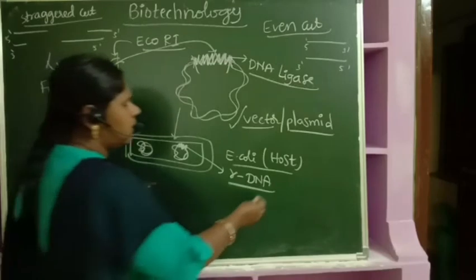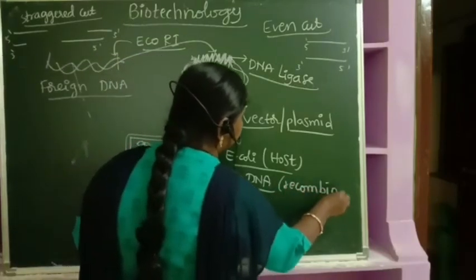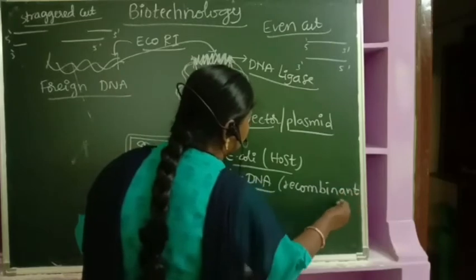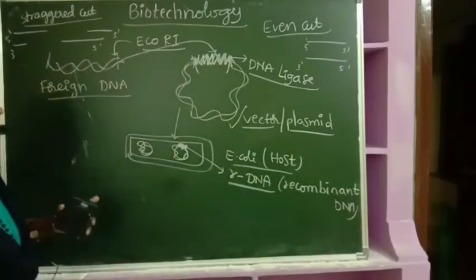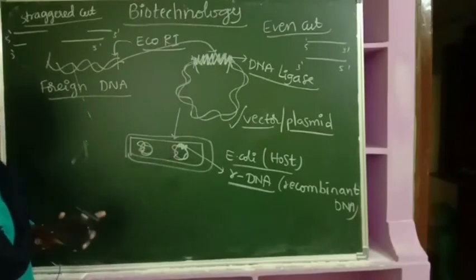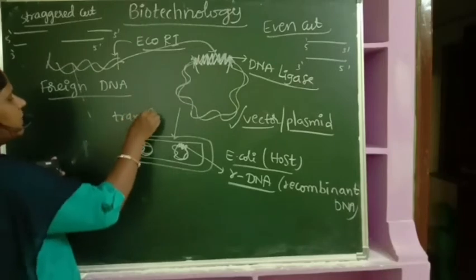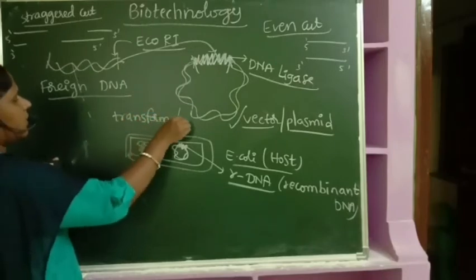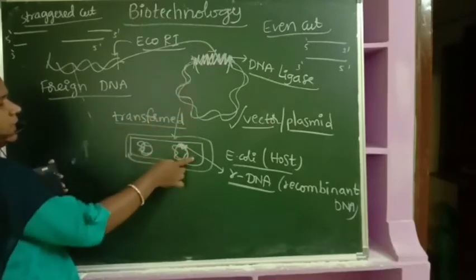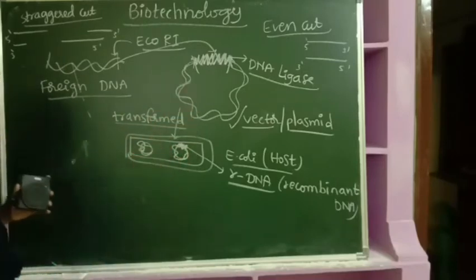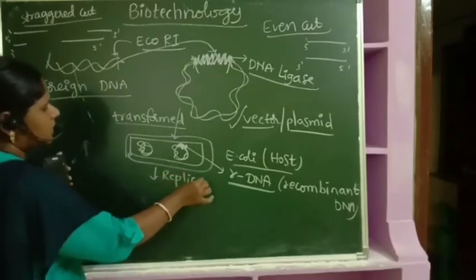We call this recombinant DNA. Now it becomes part of the chromosome and undergoes replication. So here it already got transformed, from where to where? Plasmid gets transformed into the host organism. Now it undergoes replication along with the host DNA.